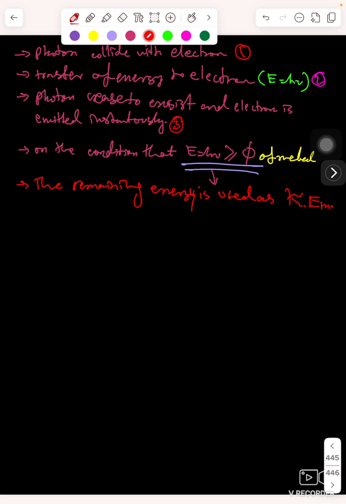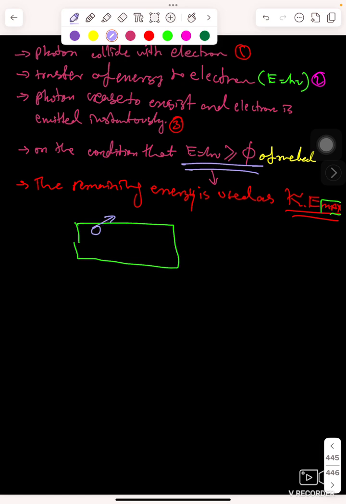I think we all know that. The reason for KE max is that an electron on the top is easy to remove, but the same electron at the bottom would require more energy.